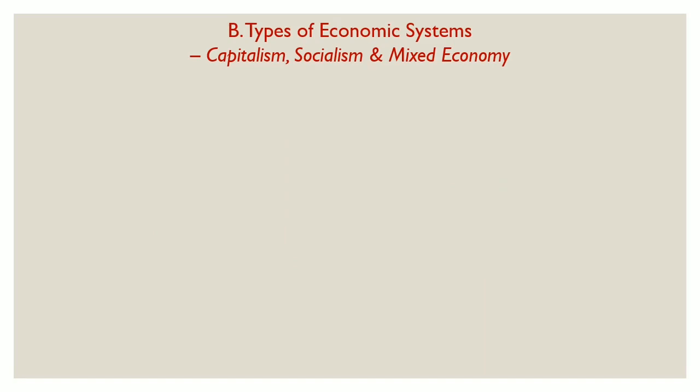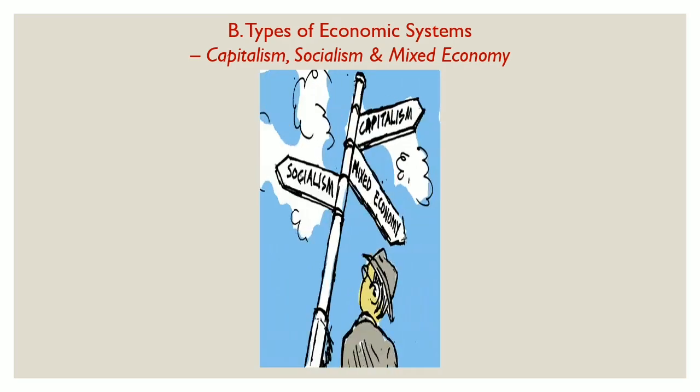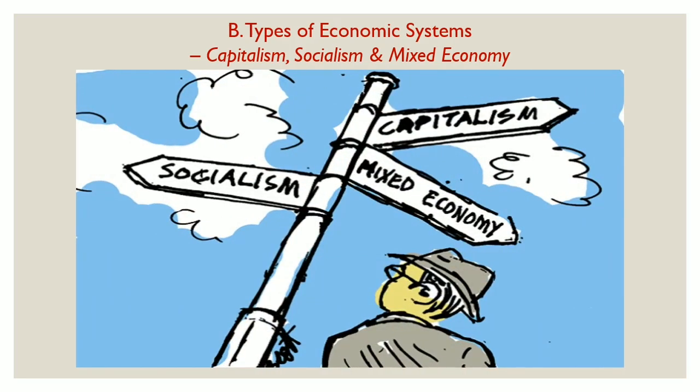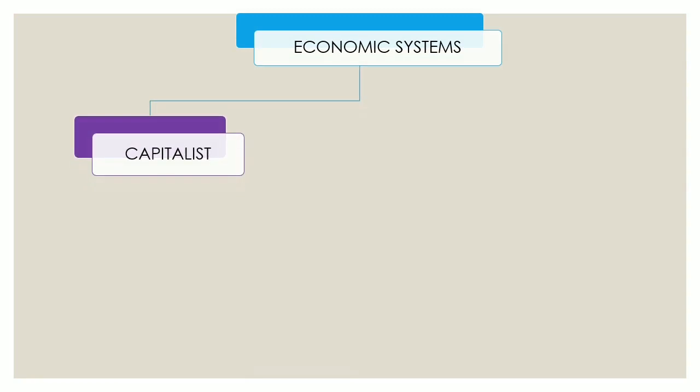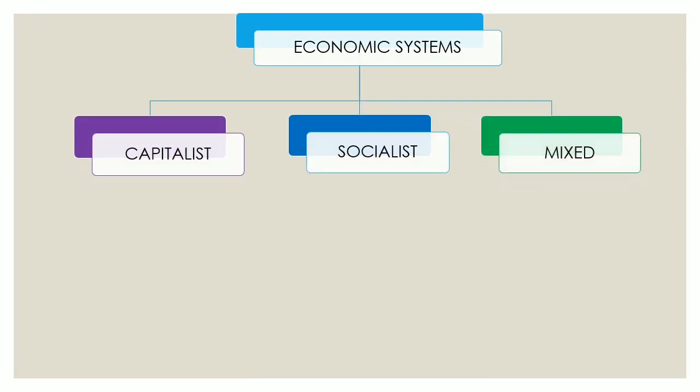Now let us look at the types of economic systems. Basically, there are three types of economic systems, that is capitalism, socialism and mixed economy. Once again, the economic systems are divided into capitalist, socialist and the mixed economy. Let us look at the main features of these three economic systems.